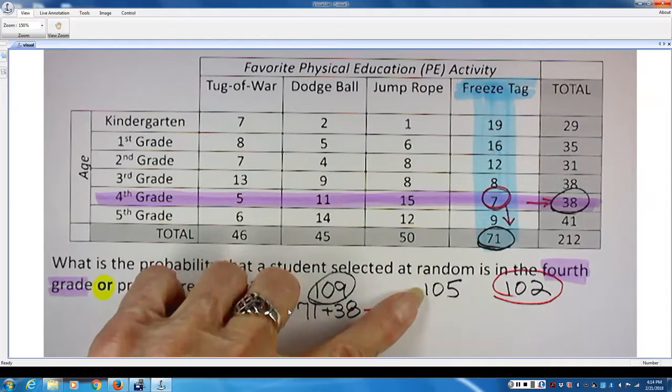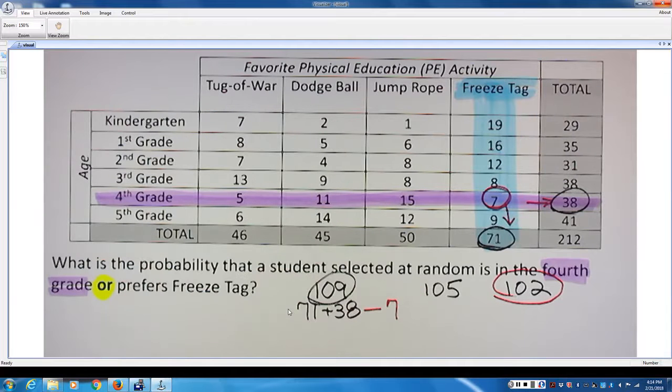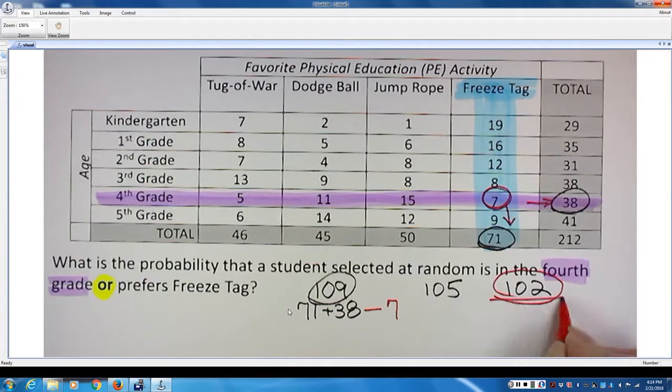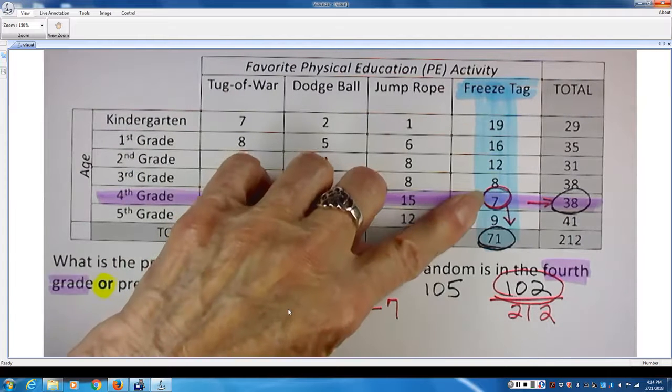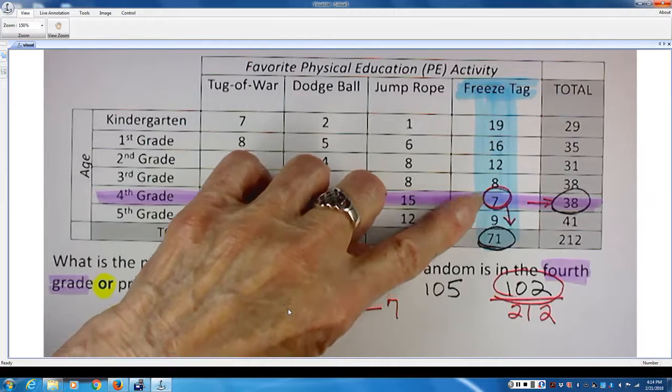I suspect that the 105 was somebody trying to do something similar to that, but tried to do it in their head. Okay? So the correct answer is 102 out of 212. Because you had to take into account that you were double counting those 7 kids.